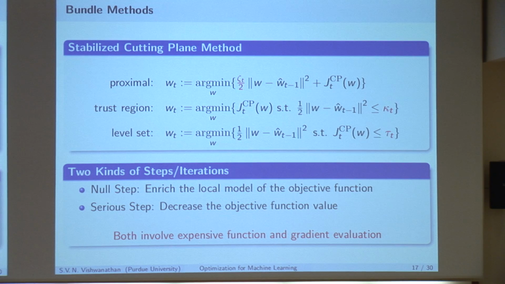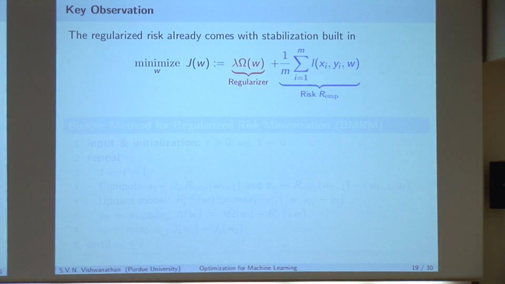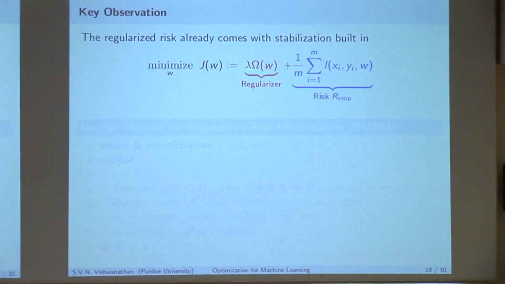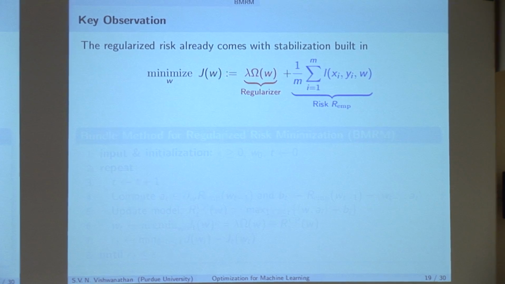A stabilizer. The other thing that happens in machine learning is that the regularizer is usually differentiable. It is not always the case; if you take L1 it is not, but if you take L2 or entropy or any of the other regularizers, they are differentiable.